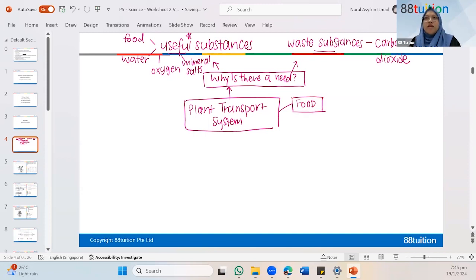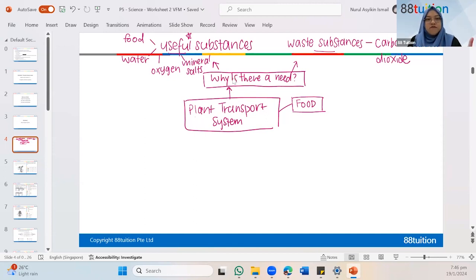Can one of you tell me, does anyone know what is the more specific name they use instead of food? What else can they say? Plants make their own food in the form of, anyone know? This one I don't expect everyone to know because this one is actually taught in P6, but let's see if anyone knows.